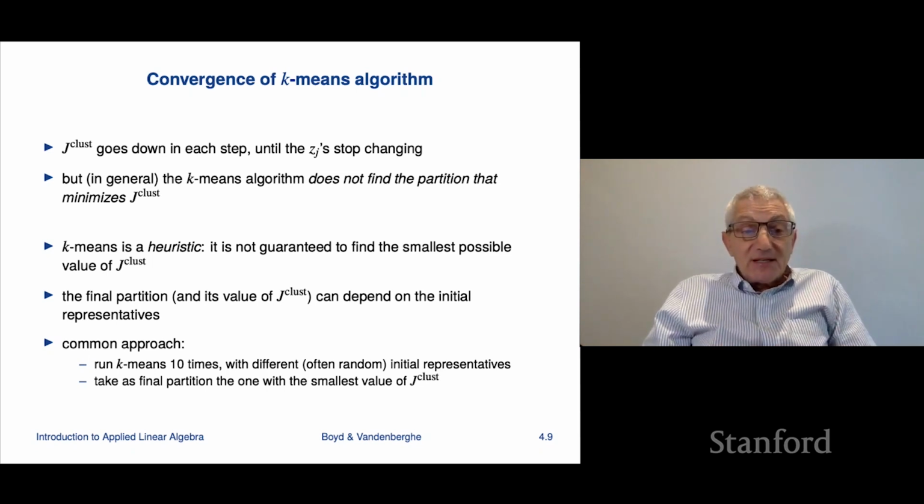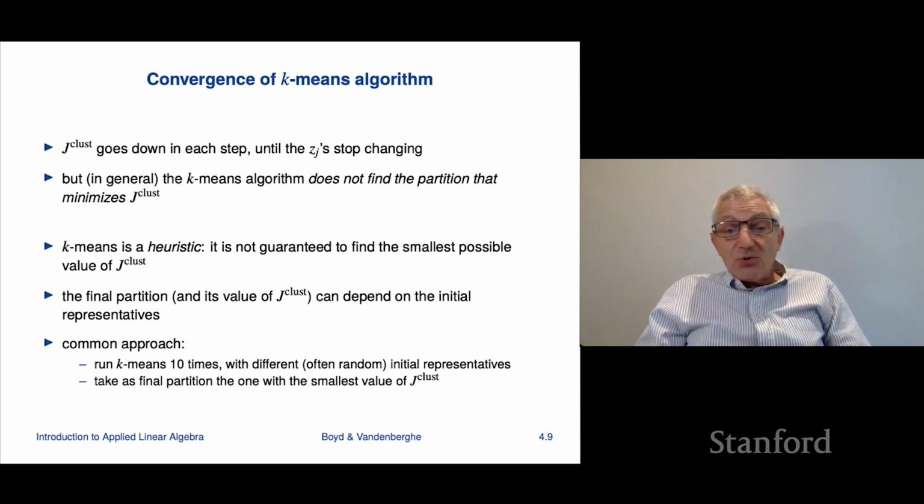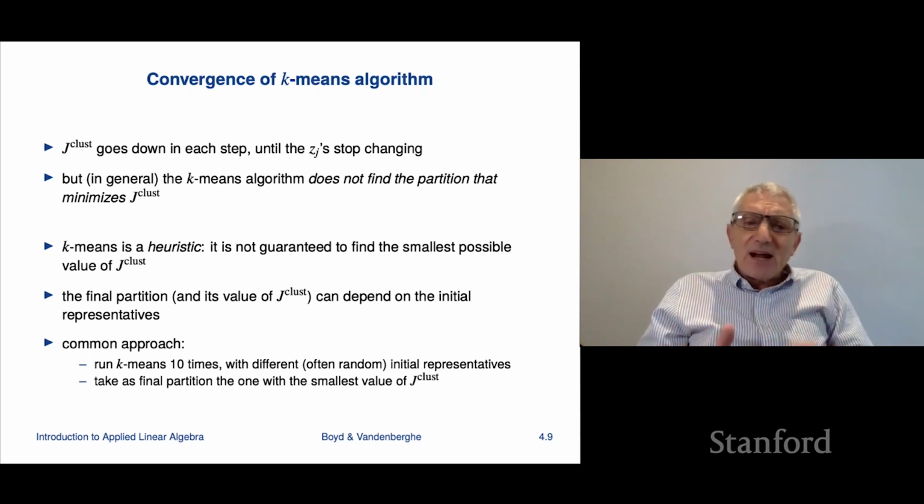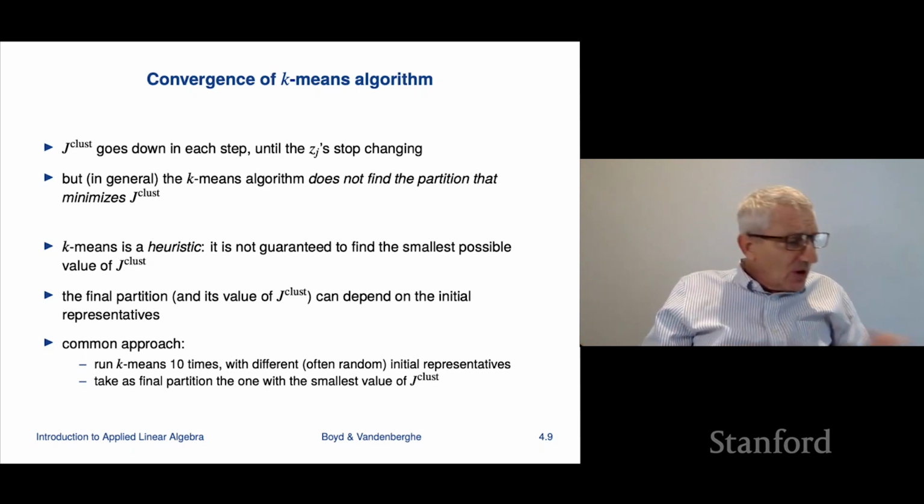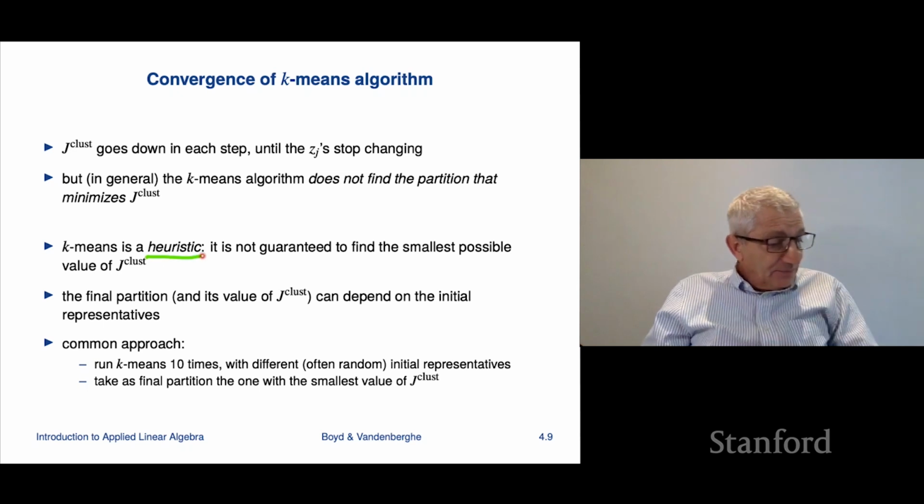Optimal clustering means there's no clustering and choice of representatives that has a lower objective. We'll see that that's just not the case. So it doesn't actually solve the problem. When you have an algorithm that's not guaranteed to fully solve your problem, it's called a heuristic.